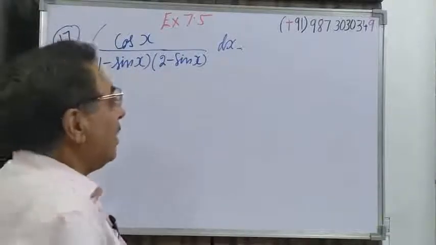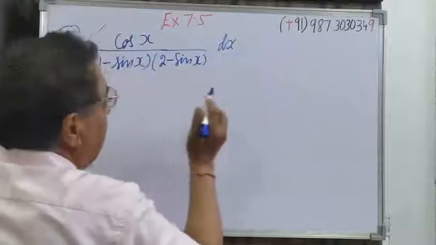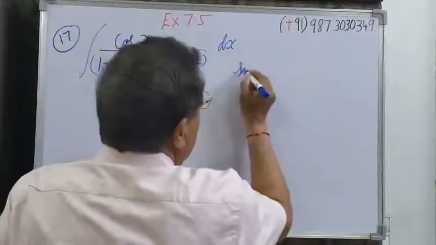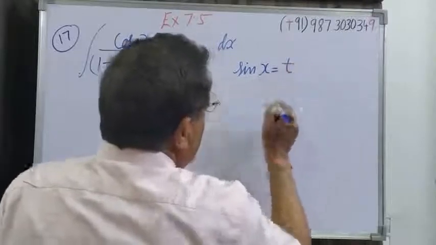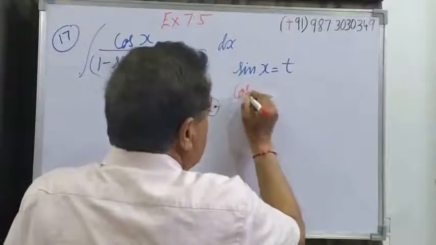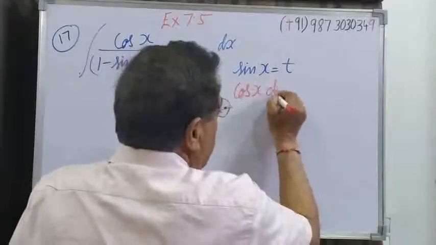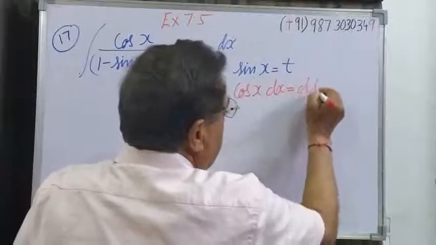How? Let me put sin x is equal to t. If I substitute sin x is equal to t, so now what does it become?